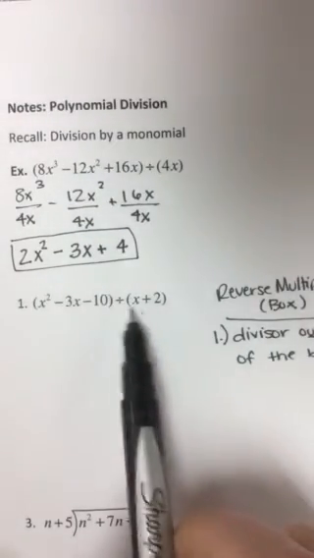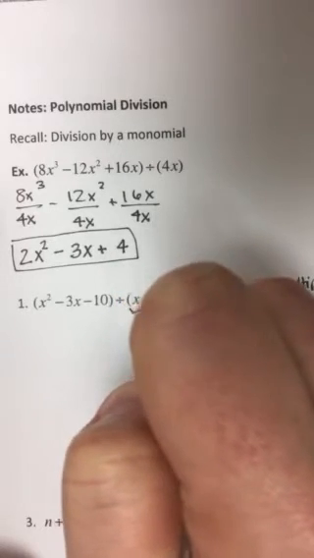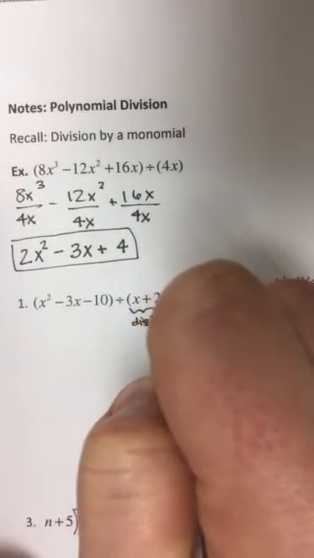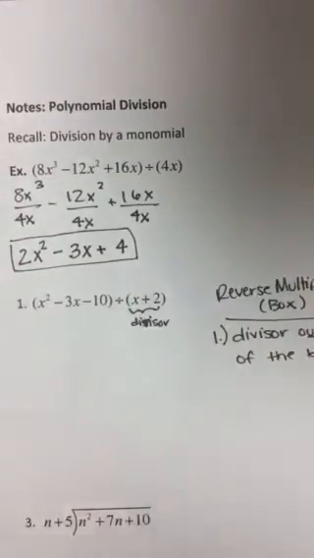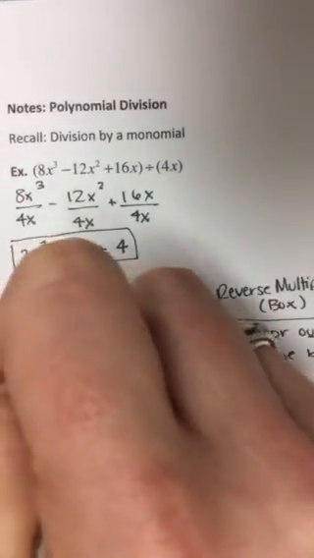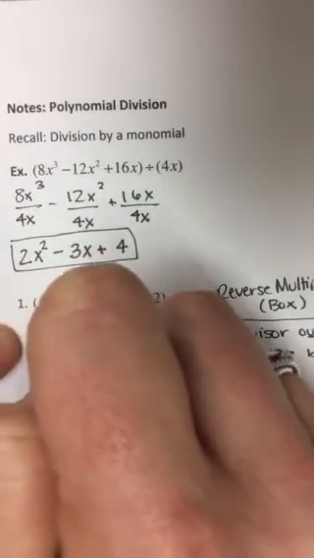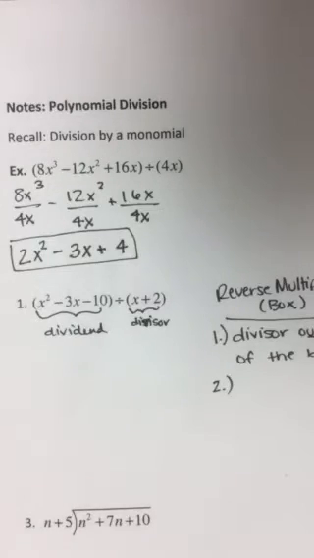And that would be, in this case, the x plus 2, all right? So this is my divisor, and this then is my dividend. Okay, and then what I'm trying to figure out is the quotient, right? I'm trying to figure out the answer to the problem.